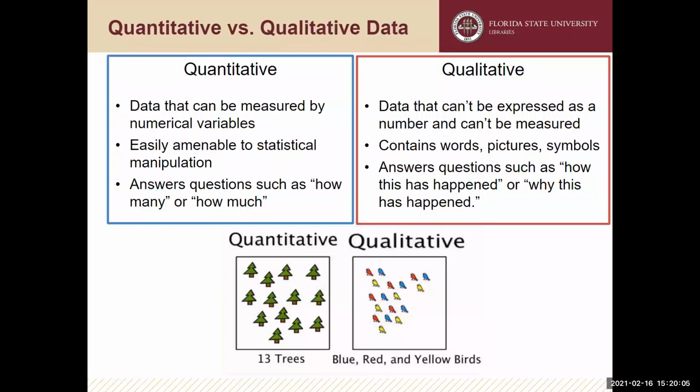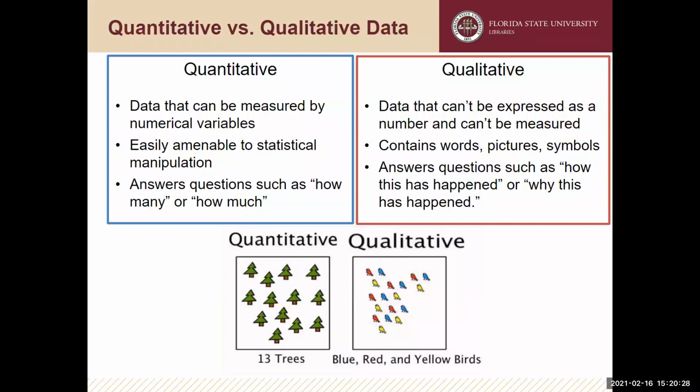Qualitative data, on the other hand, is data that can't be expressed as a number. It can't be measured in the same way that quantitative data can. It's often referred to as categorical data because the information is often sorted by categories and not by numbers.